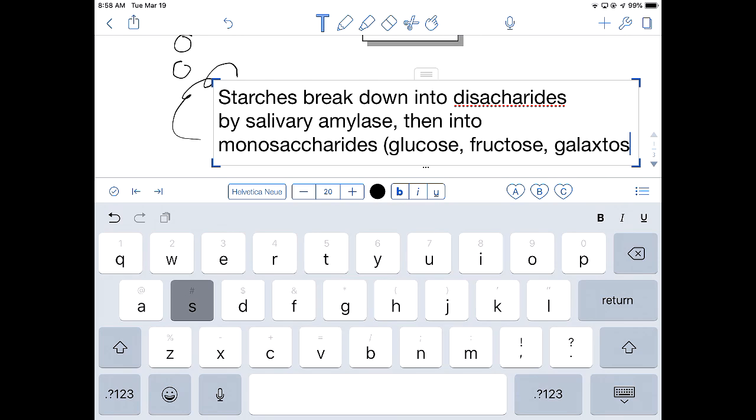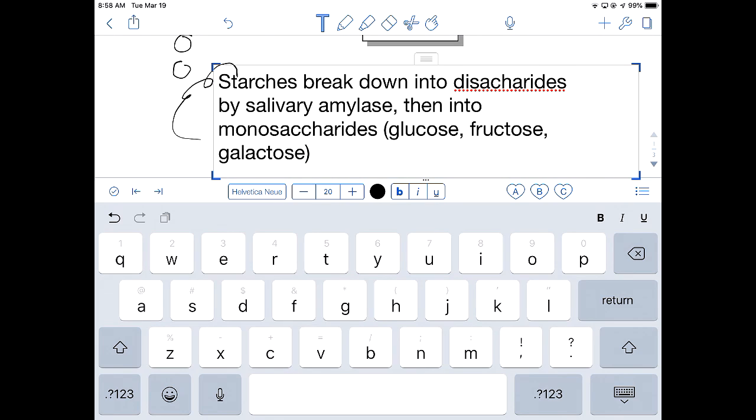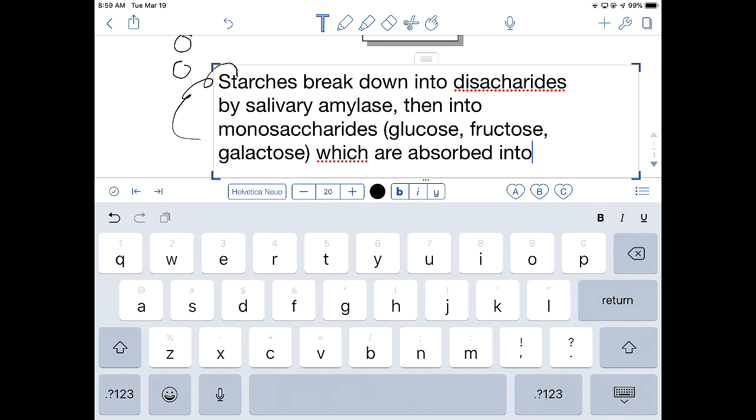I always like galactose because it sounds like galaxy or galactic. And those are easily absorbed into the blood, which absorb in the small intestine.